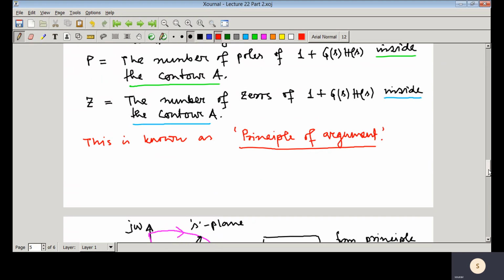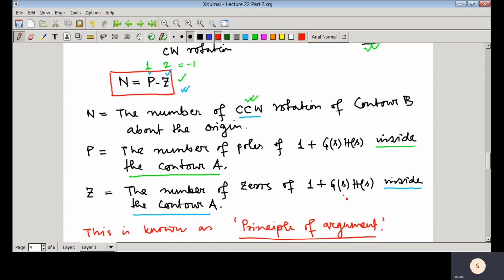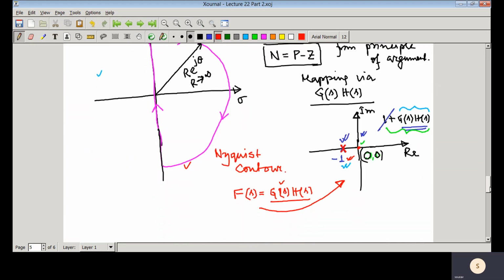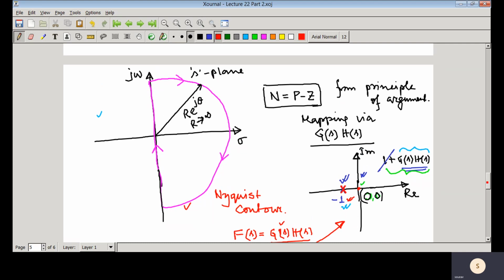The reason is 1 plus g of s h of s is actually the characteristic equation of the closed loop system, and we are interested to see whether the closed loop system would be stable or not. So the Nyquist stability criterion actually tells us whether the closed loop system is stable or not based on the information of the loop transfer function and the mapping that we are going to discuss.